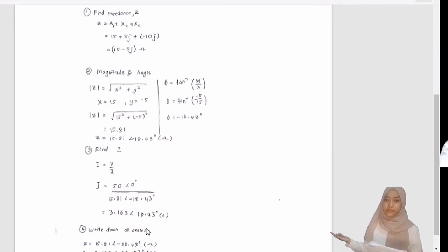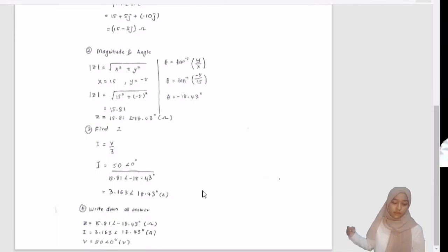Then we get the answer 3.163 and the angle is 18.43 degrees ampere. Then we just write down all the answers for I and V. For I, 3.163 and the angle is 18.43 degrees ampere, and for V it is 50 and the angle is 0 degree volt.